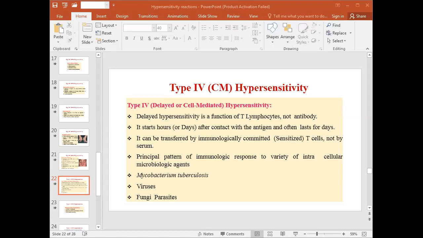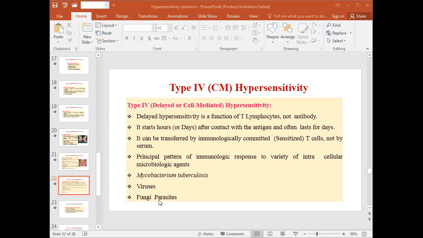T cells activated in this manner tend to adopt a Th1 profile and migrate to the area of high antigenic load, where they release inflammatory cytokines such as interferon gamma, and interleukins 1, 2, and 6. The result of the cytokines is local inflammation through an increase in vascular permeability and further immune cell migration and activation.